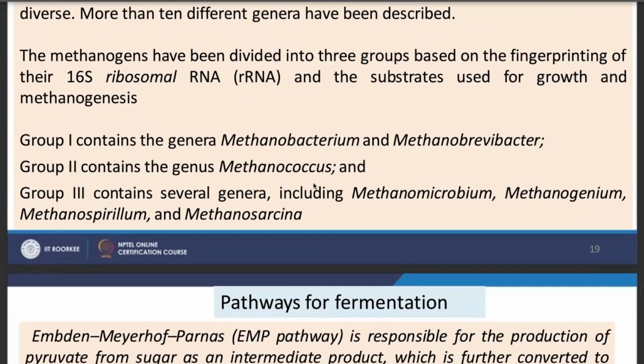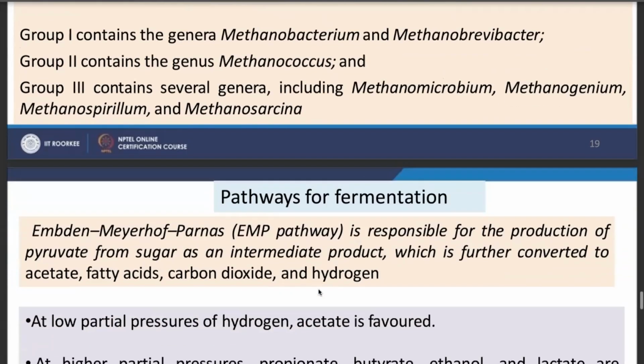You do not need to remember all of the microbes. You just need to know that, for example, in group 1, Methanobacterium type of microbes are found, in group 2 Methanococcus type of microbes are found, while group 3 has a diverse number of genera, a diversification in the methanogenic bacteria.